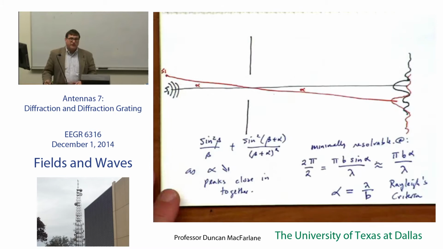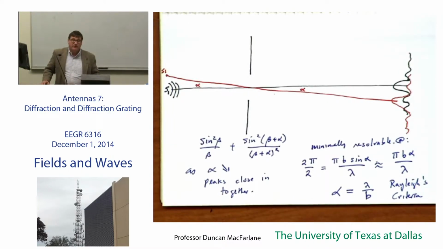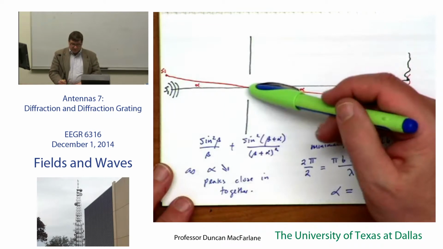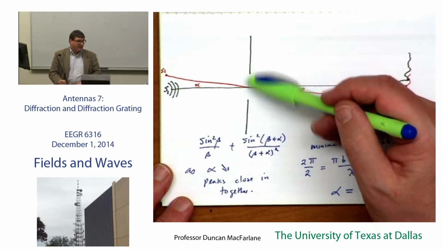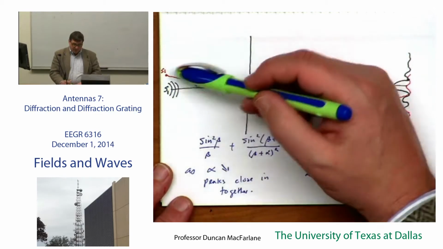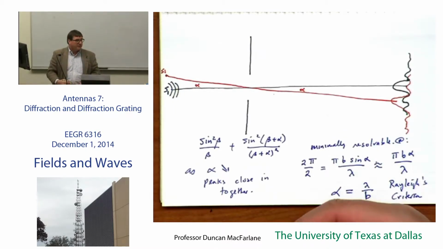two different sources? Now, the application that Rayleigh had in mind were two stars very far away, observed by the same telescope, the same aperture of a telescope. What is the minimal resolvable angle that you could see and separate out one star from another star?